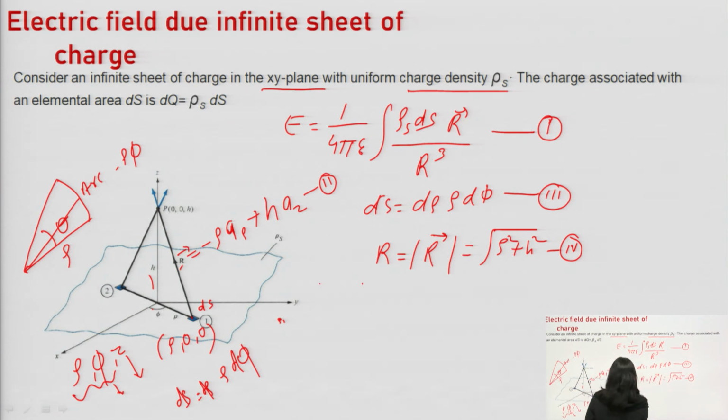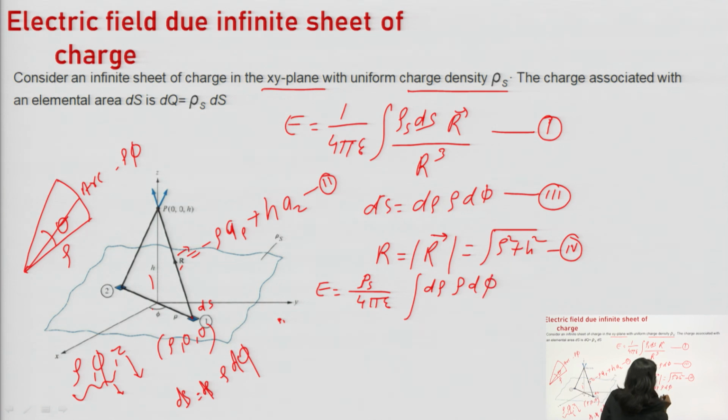We will get E equal to 1 by 4 pi epsilon. Rho s is a constant quantity, so we will take it outside. Now in place of dS, we will write the value of dS from equation 3, that is, rho d rho d phi.